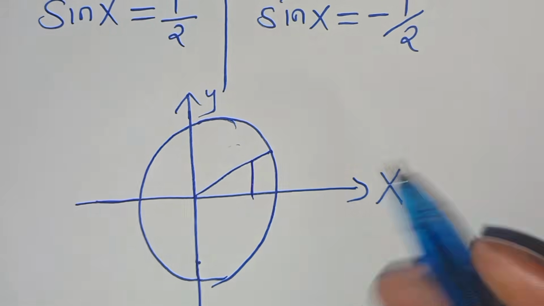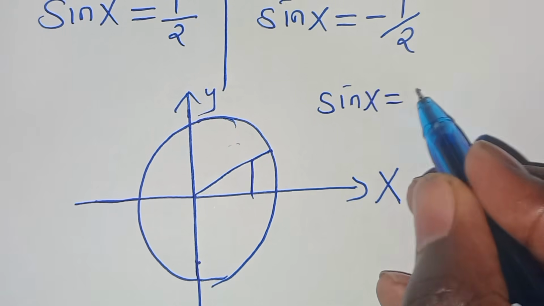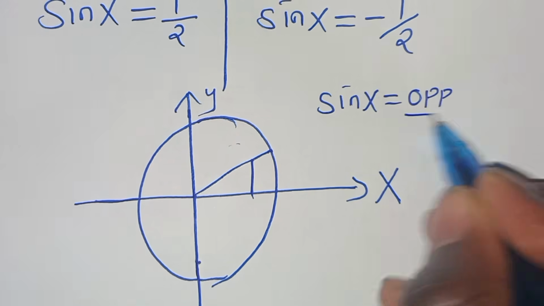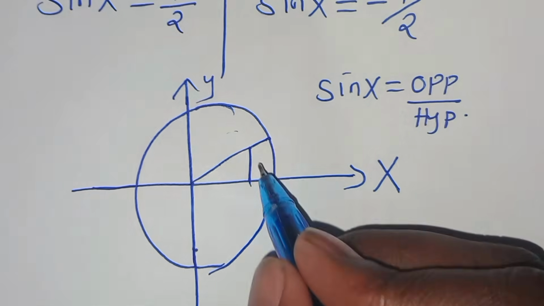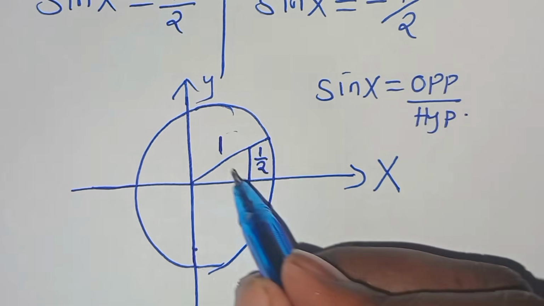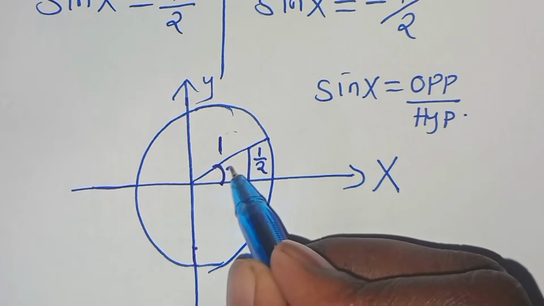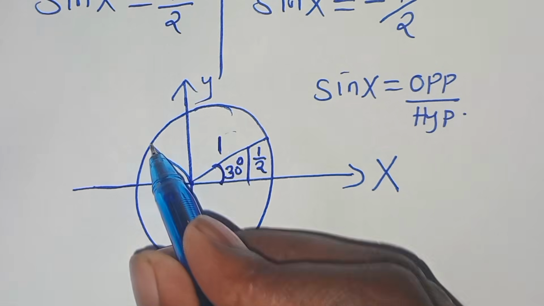Now, something to note here, we have that sine x is equal to opposite over hypotenuse. So the opposite is a half, hypotenuse is 1. So we have an angle of 30 degrees from here.